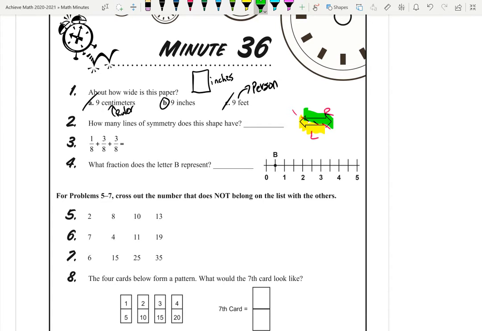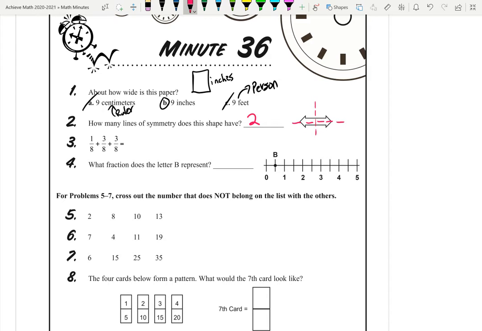But you have to remember, with symmetry, it needs to be exactly the same size. Notice how the right side is a rotation, meaning it's not going to be a line of symmetry. The lines of symmetry in number 2 are going to be vertical and horizontal.